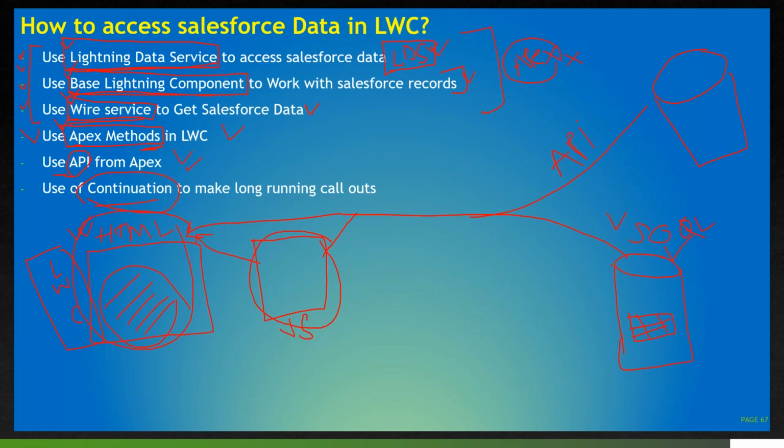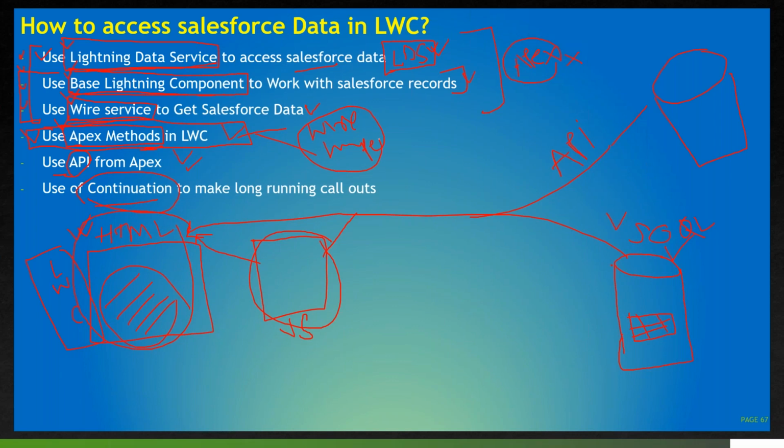We discussed various approaches: we can use Lightning Data Service to access my Salesforce data, then web services, and then the Apex method. So far we have completed how to use Apex methods in LWC, where I can use my web services and call my Apex imperatively. These things we have discussed already.